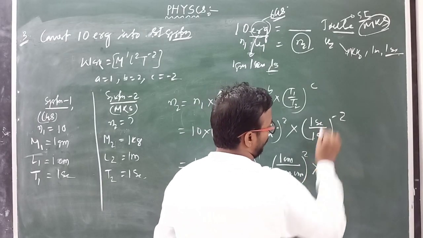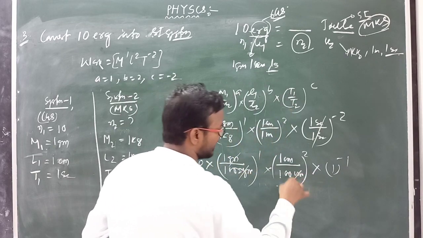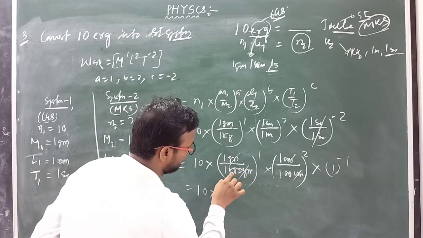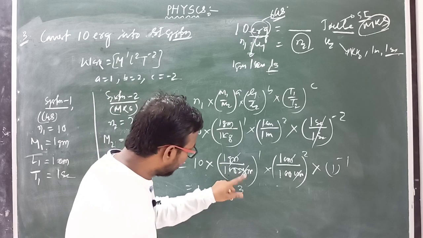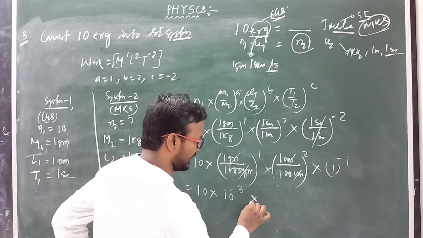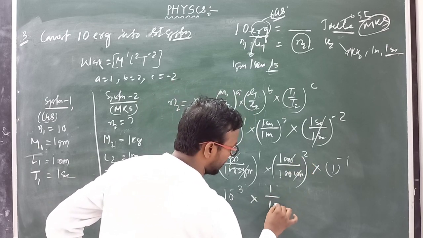Same way 1 second cancels, and minus 2. Here gram, centimeter cancel, and we can write 10 to the power minus 3. Again 10 to the power 2 and here 4, so you can write 10 to the power minus 4.